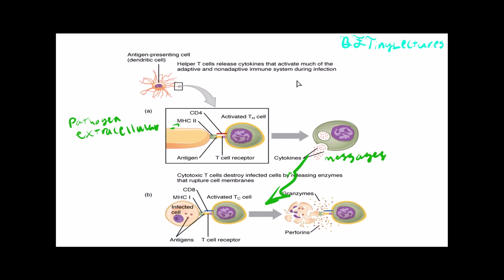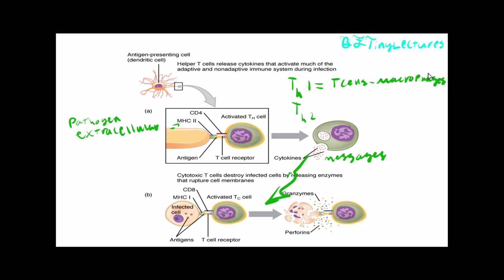And specifically, there are two types of helper cells. There are helper 1 cells and helper 2 cells. Th1 cells or T helper 1 cells are going to release cytokines that will communicate with T cells and other immune cells such as macrophages. They can also increase B cells, but not really.